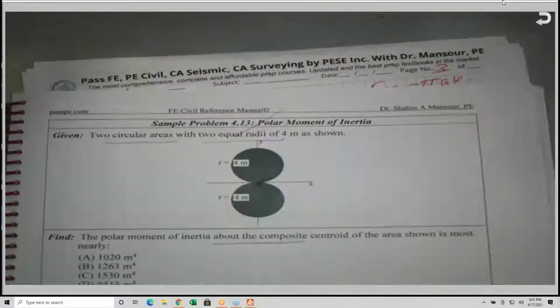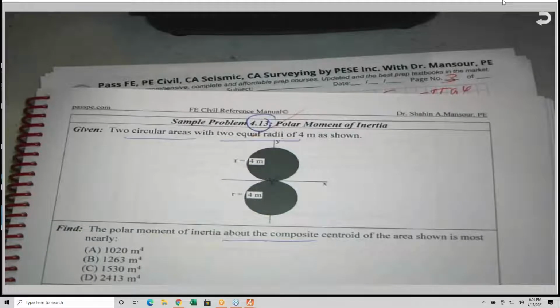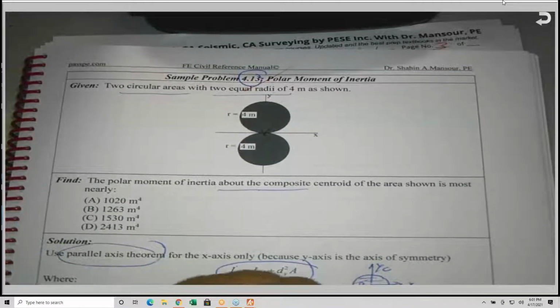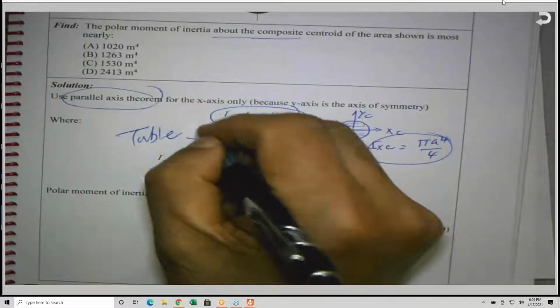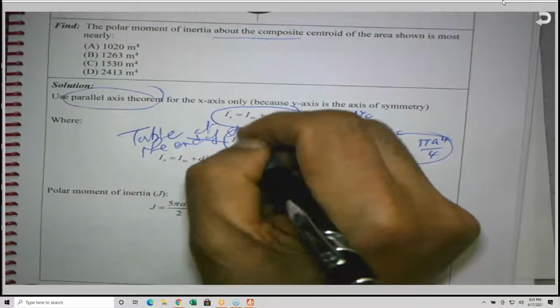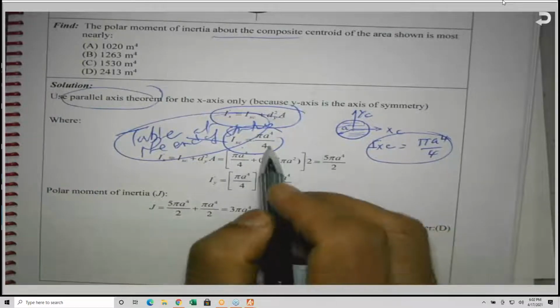Let me go back again to the sample problem that I was talking about. This is problem 4-13. I know pi a to the 4 from the table, the table at the end of the statics section. You need to be familiar with these tables because we need to pick the right value very quickly. So I applied the parallel axis theorem. Why?